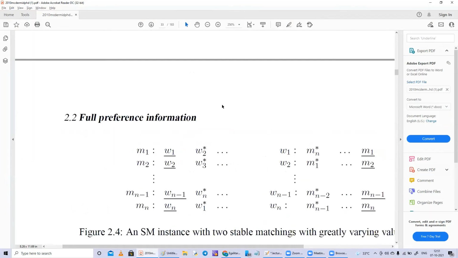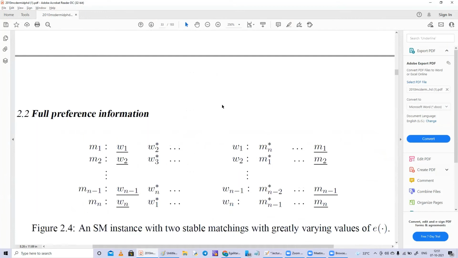In this instance, there are n men and n women. Suppose the underlined matching is the man optimal matching, and there is another matching given by the star. Here we can see the egalitarian value of the underlined matching. Can anyone tell me?